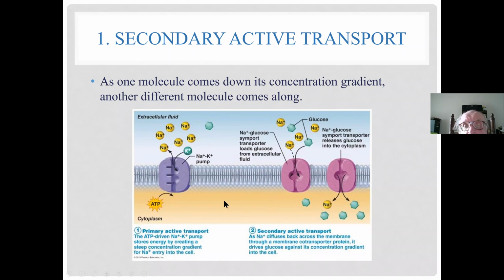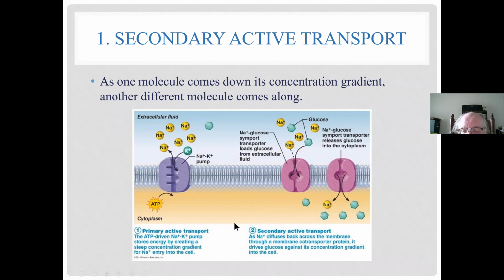It's not important if it's sodium or glucose. It's just that one other molecule comes along for the ride, going down the concentration gradient or coming along because of charge.